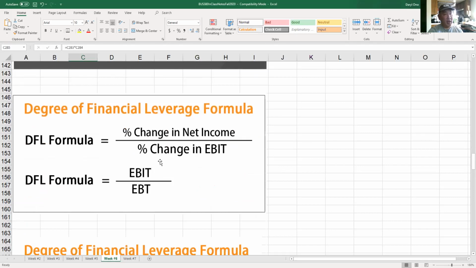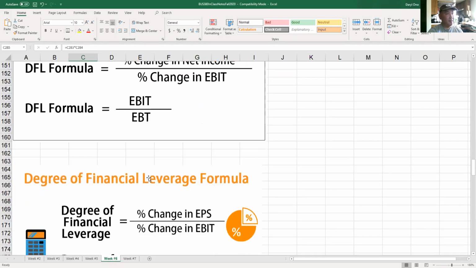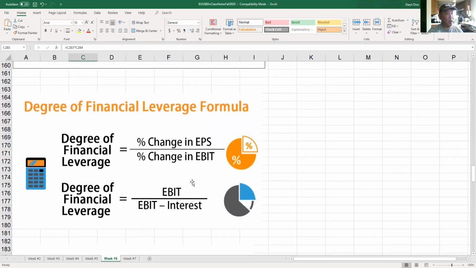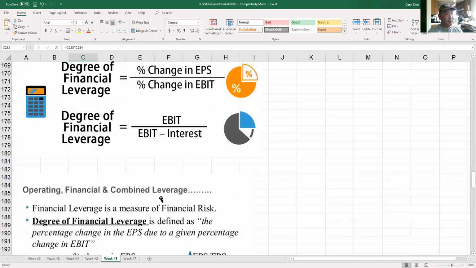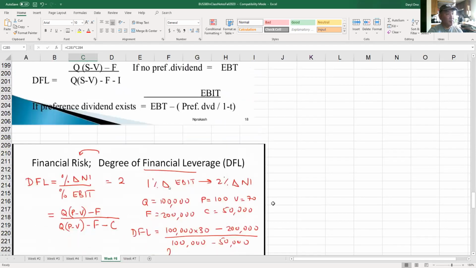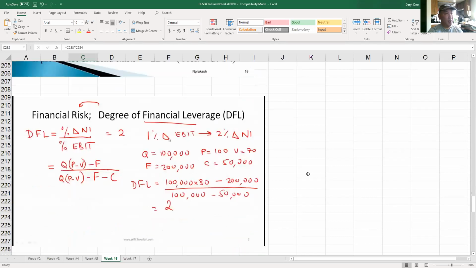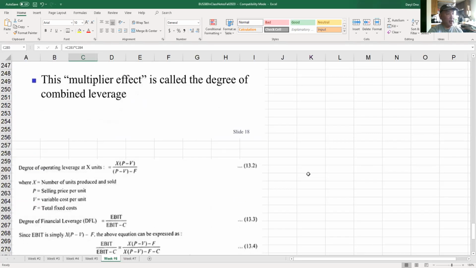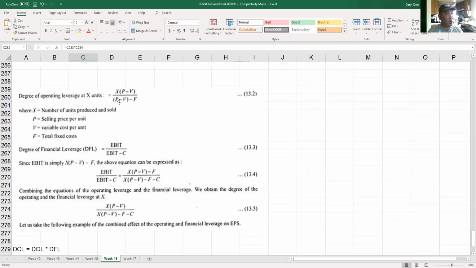Here's one formula, here's another formula. Here's another formula. This formula is the same. So about 4 or 5 different formulas? Okay, and then here again is operating leverage, financial leverage, and here's combined leverage.